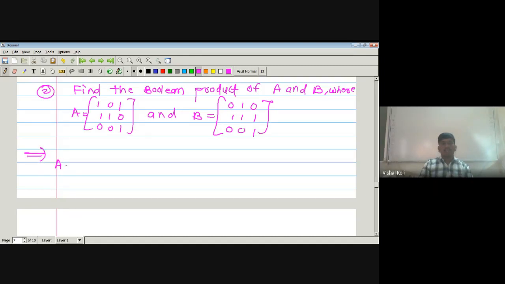Therefore, A into B, that is the Boolean product of these two matrices, will be equal to, just we have to use the definition of multiplication of any two matrices, but we have to replace the plus sign by join and the multiplication sign by meet. Okay, so 1 into 0 is nothing but 1 meet 0.